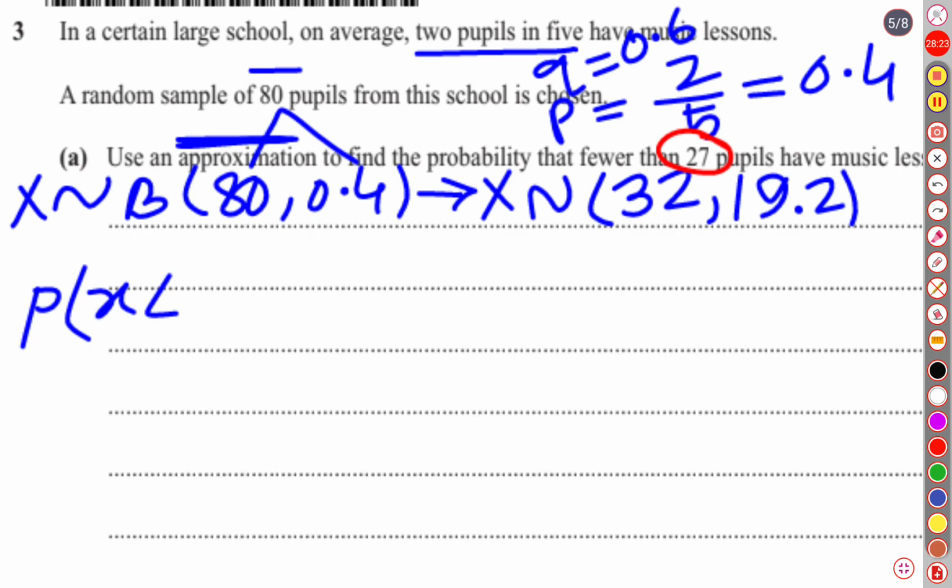Binomial distribution is applicable for a discrete random variable, whereas normal distribution is applicable for a continuous random variable. So we will have to do continuity correction. Less than 27 means it is going to be 26.5. Okay, remember, don't get deviated from this point.